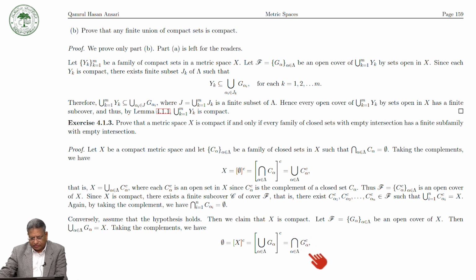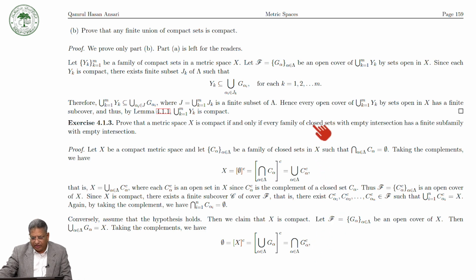So this means that G alpha complement is a family of closed sets, because G alpha was open, so the complement is a closed set.